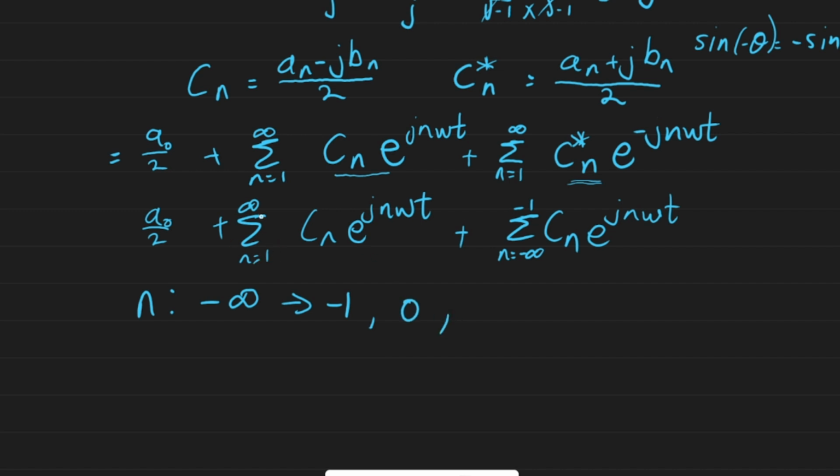We have n going from 1 to infinity. So what does this mean? It means that n just goes from minus infinity to positive infinity. So we could replace these entire 3 terms with just one sum where n goes from minus infinity to positive infinity. And remember, what's inside the summation is the same in these expressions. So we are allowed to do that.